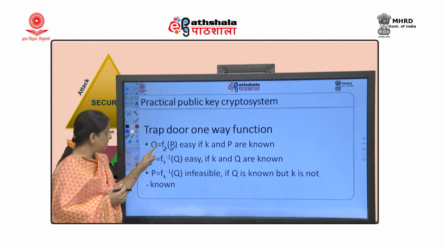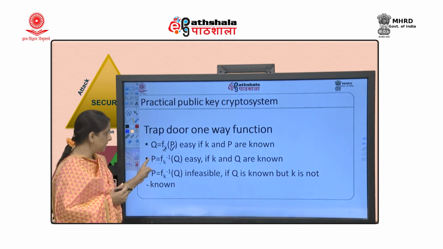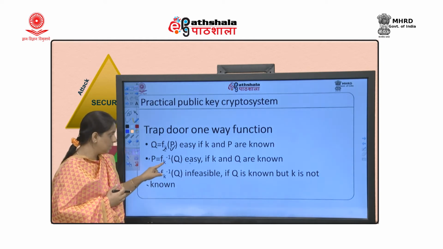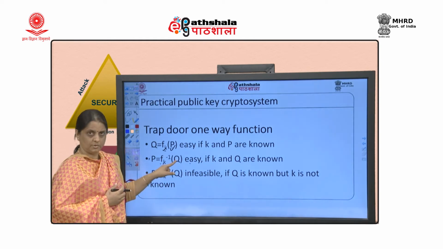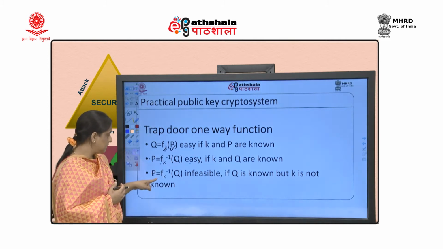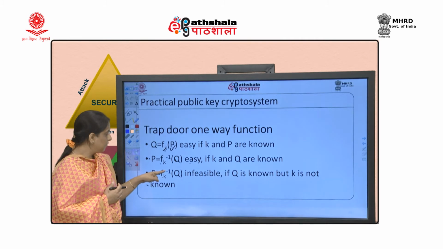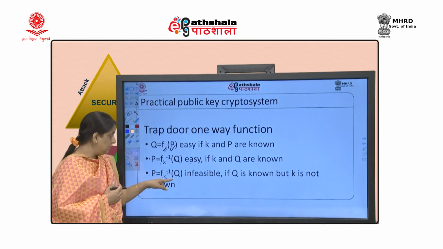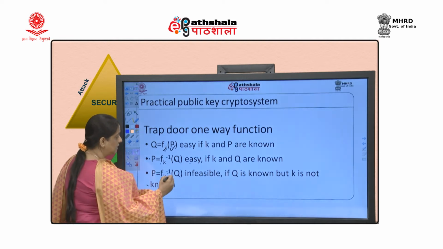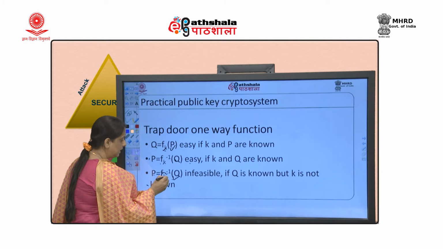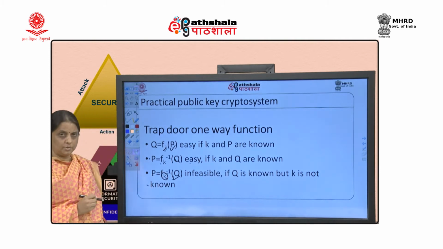We apply the inverse function to Q to get P back. It is easy when K is known and Q is known. Now, coming to the complexity of the public key crypto system, performing the inverse is infeasible when Q is known but K is not known.